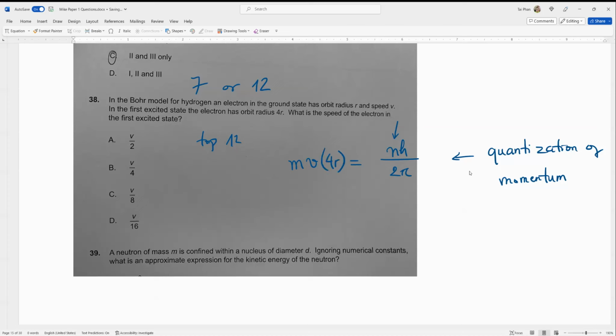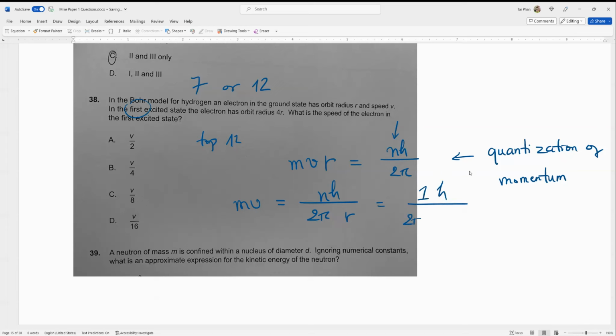Let me change this formula a little bit: mv equal to nh over 2 pi r. And for the first excited state, n is supposed to be 1, because the first excited state, n is 1.